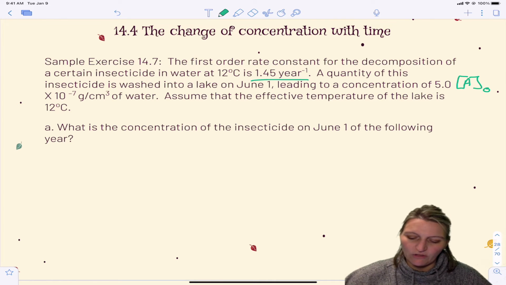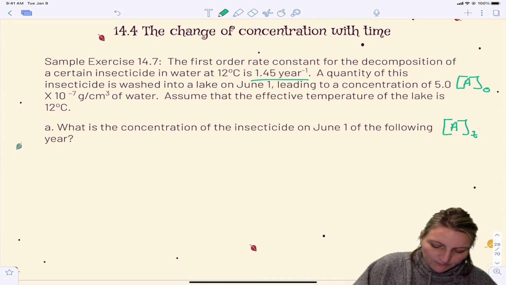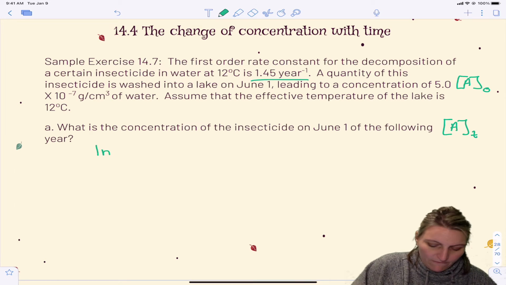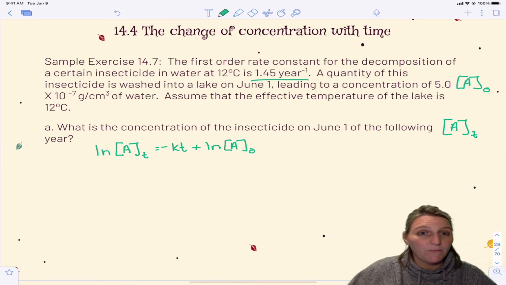What is the concentration of the insecticide of the following year? So the question is asking us, what's the concentration an amount of time down the road? And so I would use this version of that equation just to make the algebra easier. Negative kT plus ln the concentration of A at time 0.